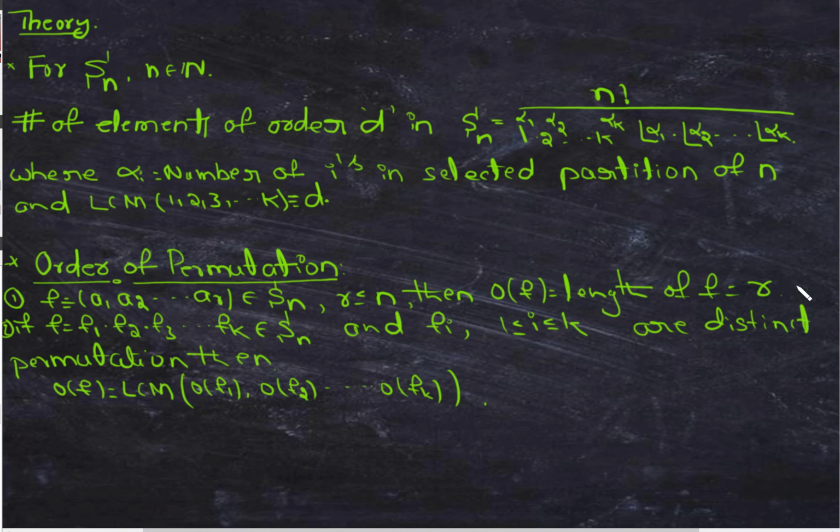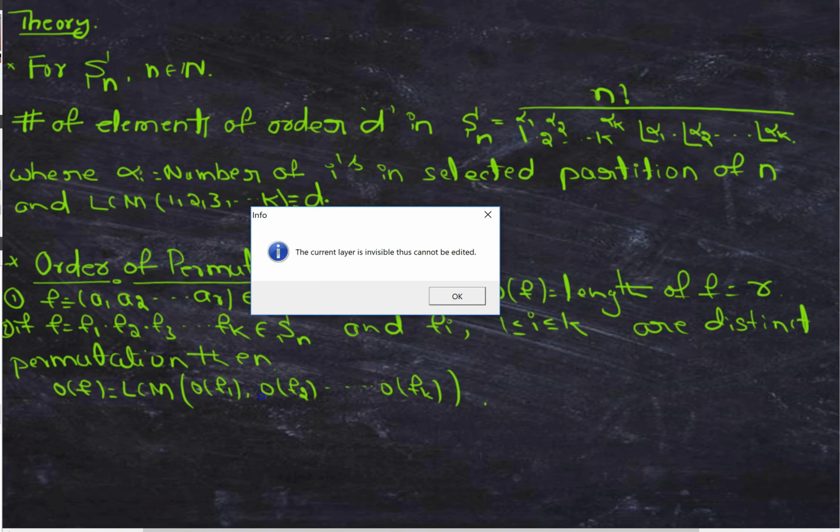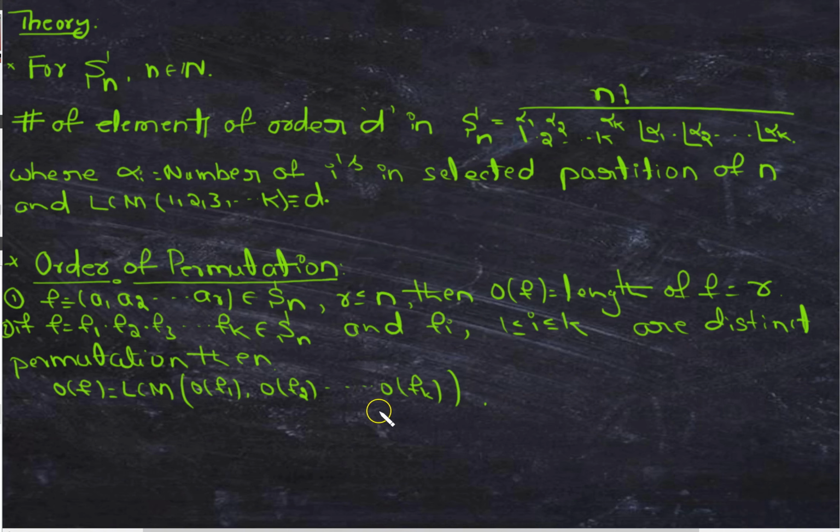Suppose F is a composition F1 F2 F3 ... Fk belonging to Sn, where each Fi is a distinct disjoint permutation. Then the order of F is equal to the LCM of the orders of F1, F2, F3 and so on up to Fk. Okay, this is the theory.